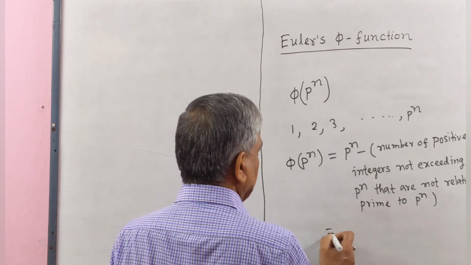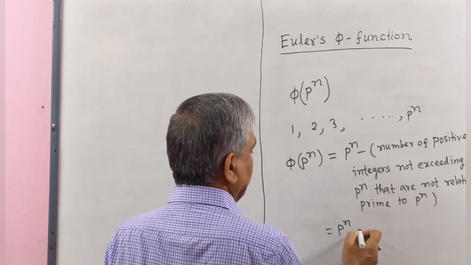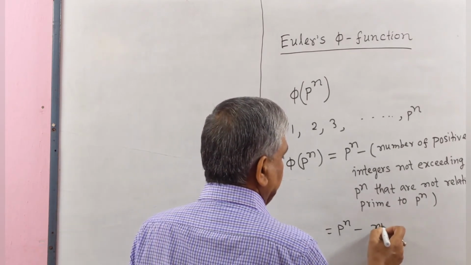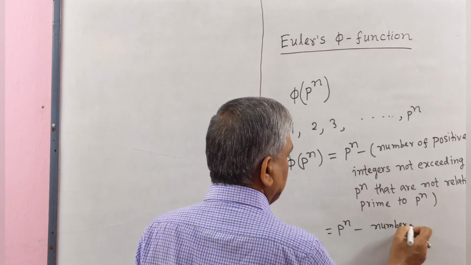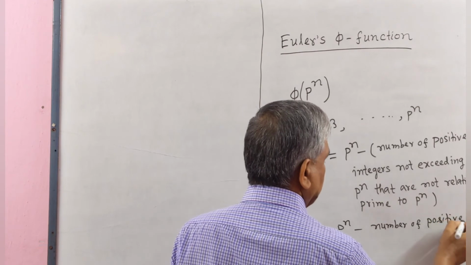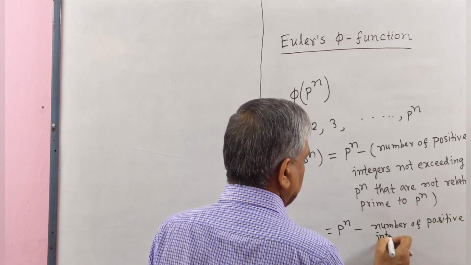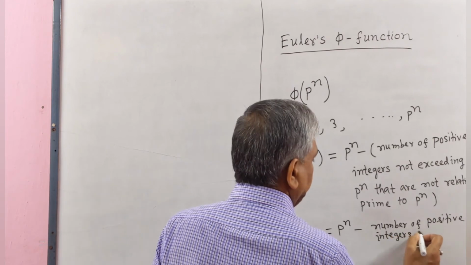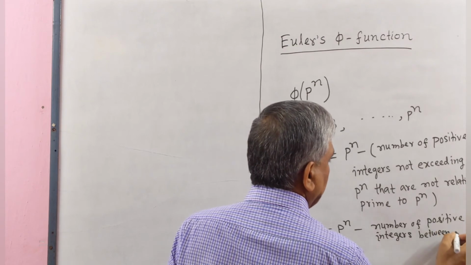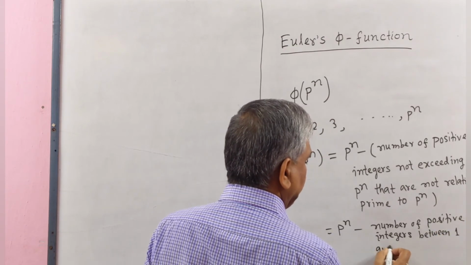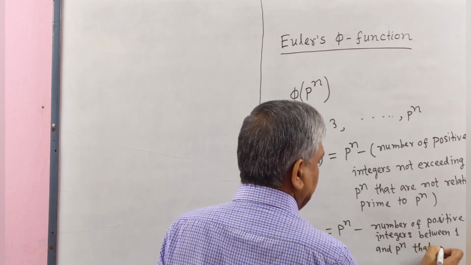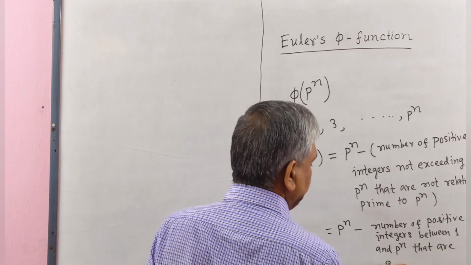This equal to p to the power n minus the number of positive integers between 1 and p to the power n that are divisible by p.